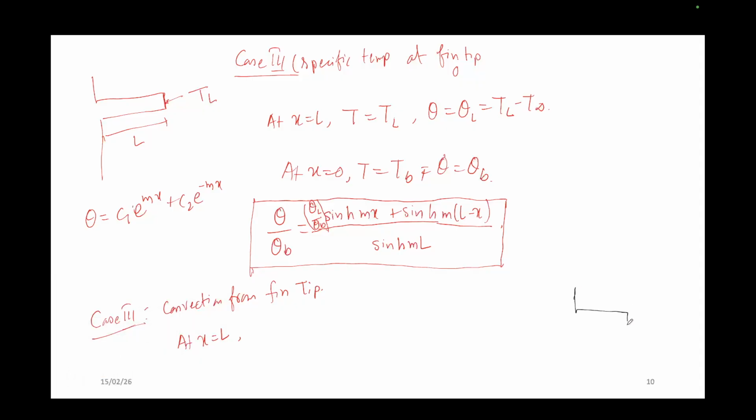There is convection happening, at heat transfer coefficient h and temperature T infinity. Convection is happening because heat is conducting from this surface. So what should the boundary condition look like?